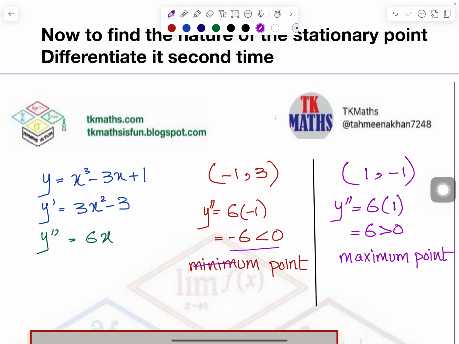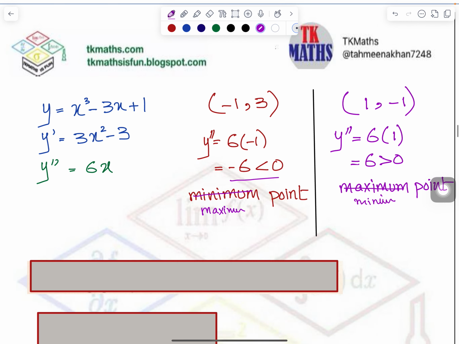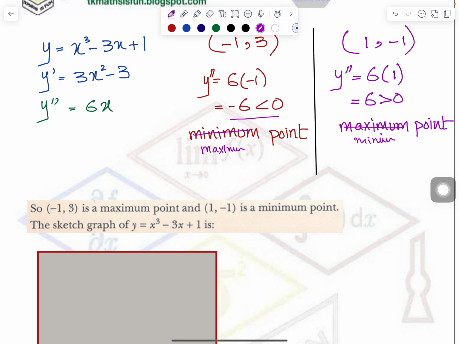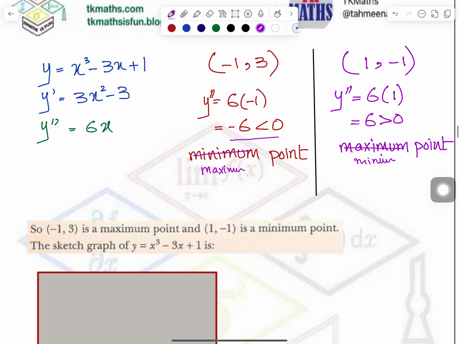It should be maximum, correct? Yes. And this should be minimum. Okay. Now, so minus 1, 3, you have seen here, is your maximum point, and 1 comma minus 1 is your minimum point, and you have seen it also.